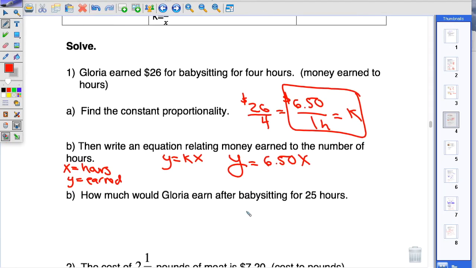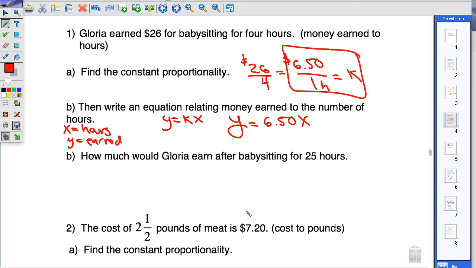So in part B, we can use the equation to solve how much would Gloria earn after she babysat for 25 hours. Hours is your x value, so we can substitute that in. So y is equal to $6.50 times 25. So that's your constant of proportionality, your $6.50, times your number of hours.